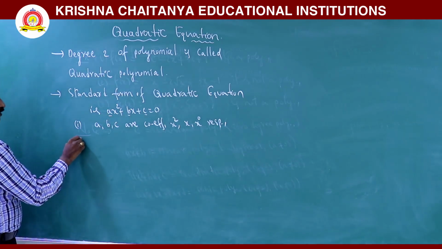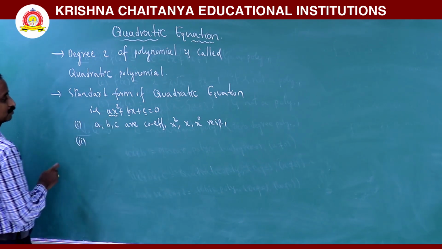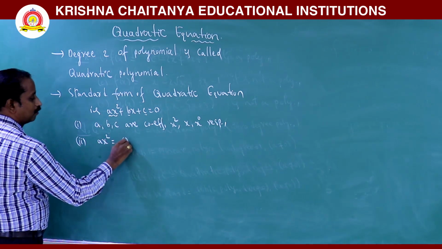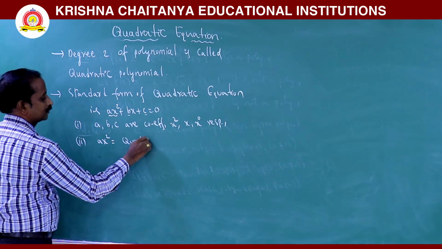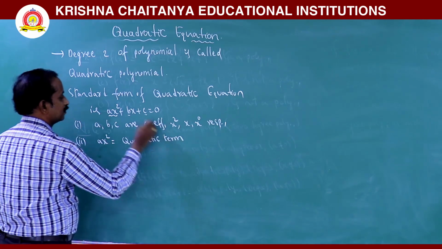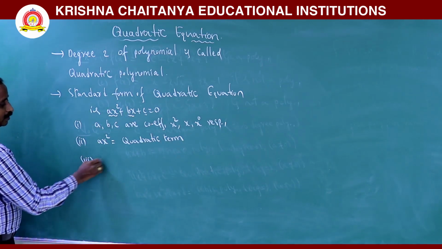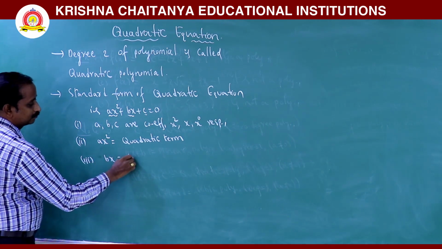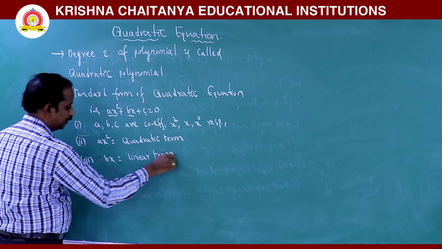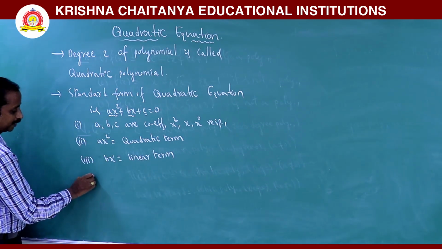Next, the term ax square is called the quadratic term, and bx is called the linear term. Linear means degree 1, quadratic means degree 2.